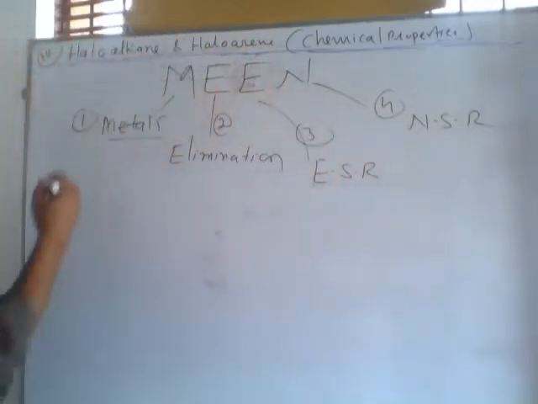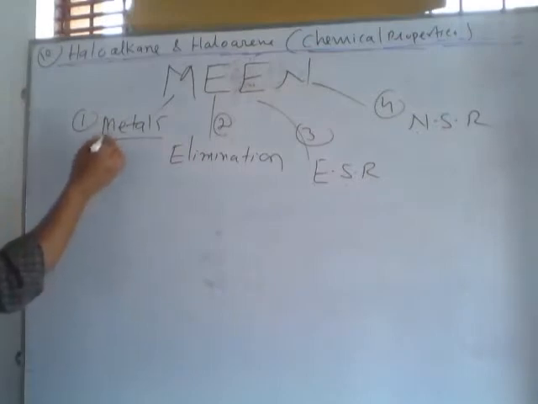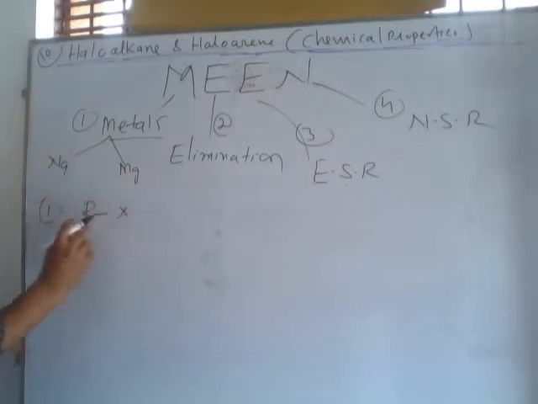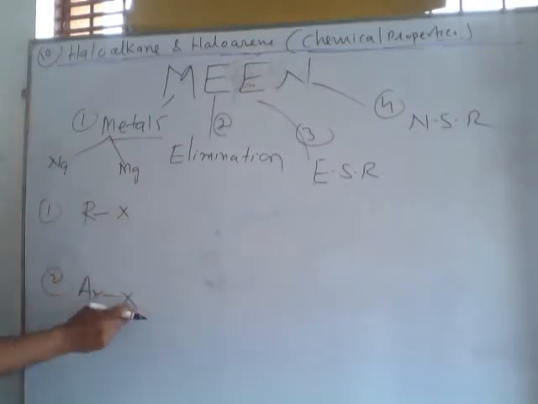To start with M first, reaction with metals. In our syllabus we generally use the reaction of sodium and the reaction of magnesium with RX. Listen, RX is alkyl halide. We also use ArX. ArX is haloarene.